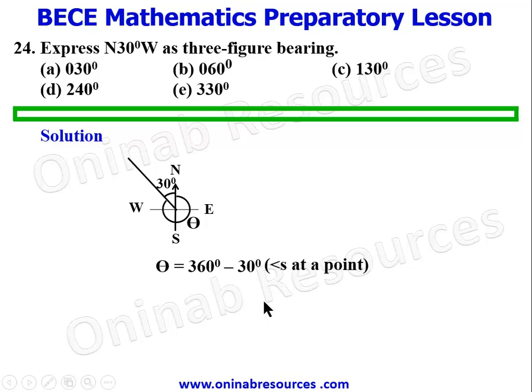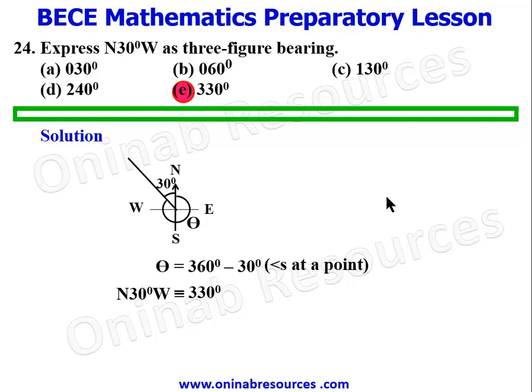That's angle at a point, which gives 330 degrees. So therefore north 30 degrees west is equivalent to 330 degrees as 3-figure bearing, and that gives option E, which brought the solution to this problem to an end.